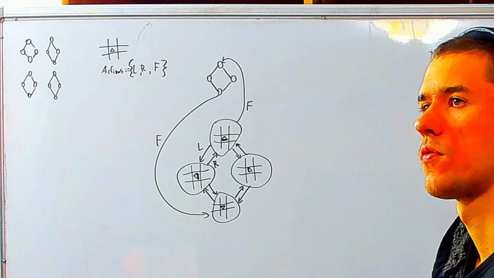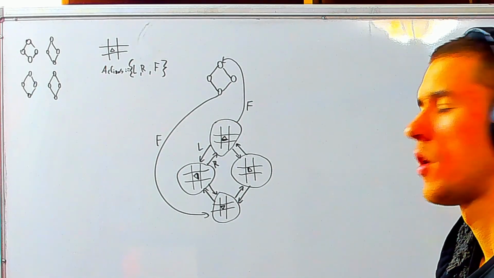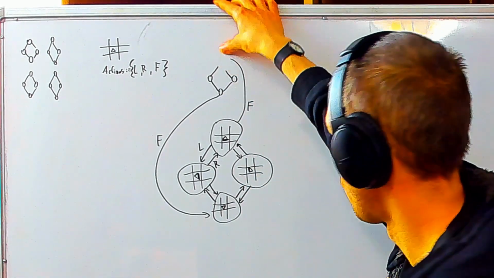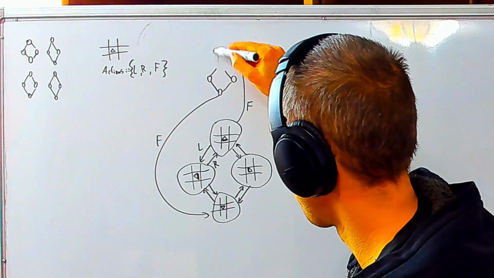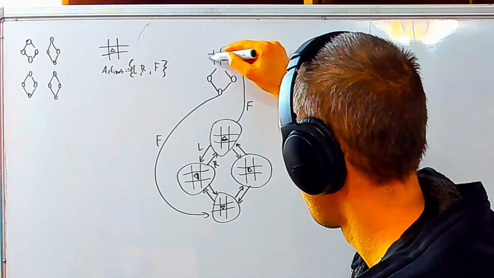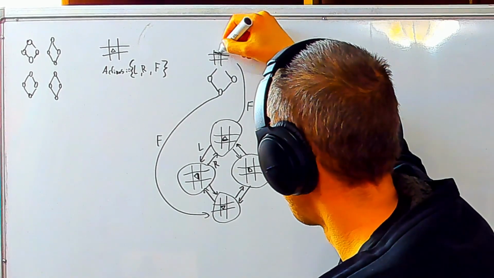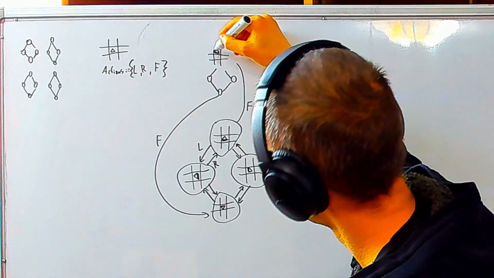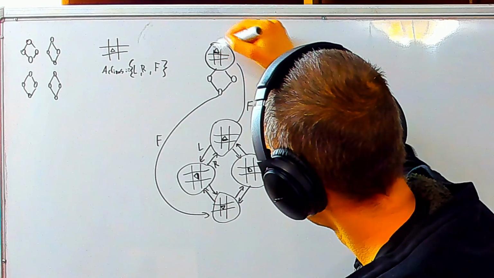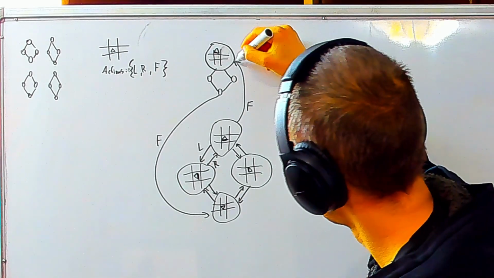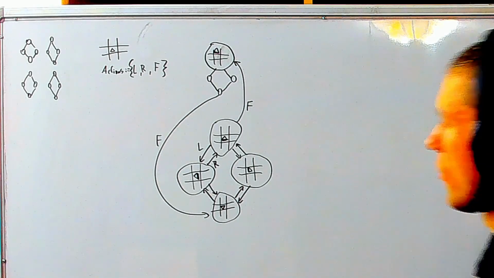Well, what is the forward? Forward would move you in the direction that you're pointing. So here, you would go over to this point. And what's the other arrow? This one.